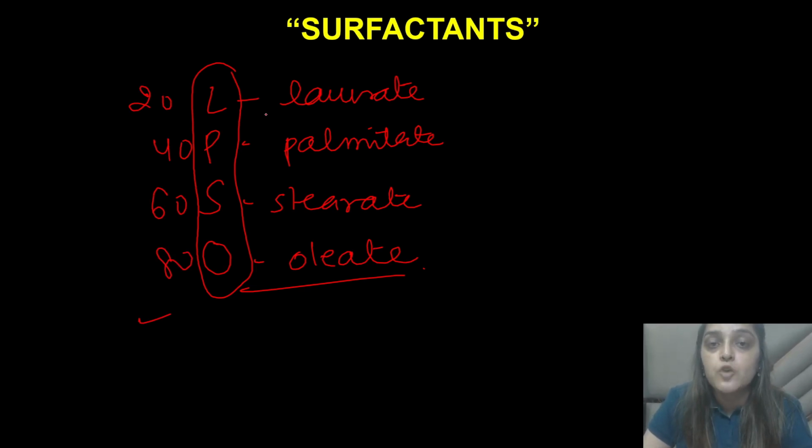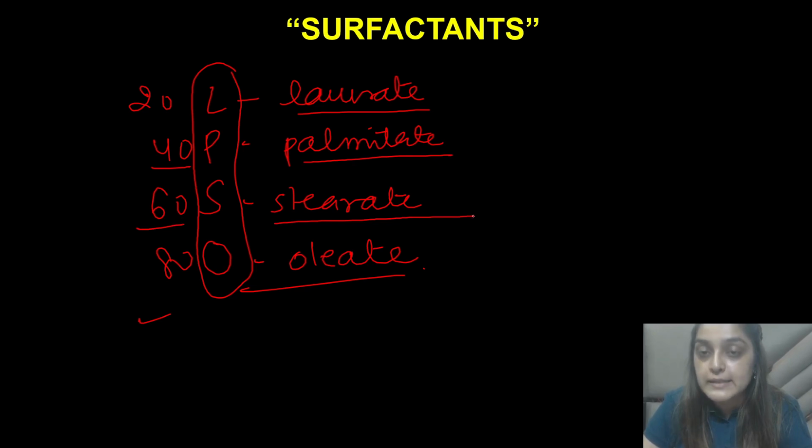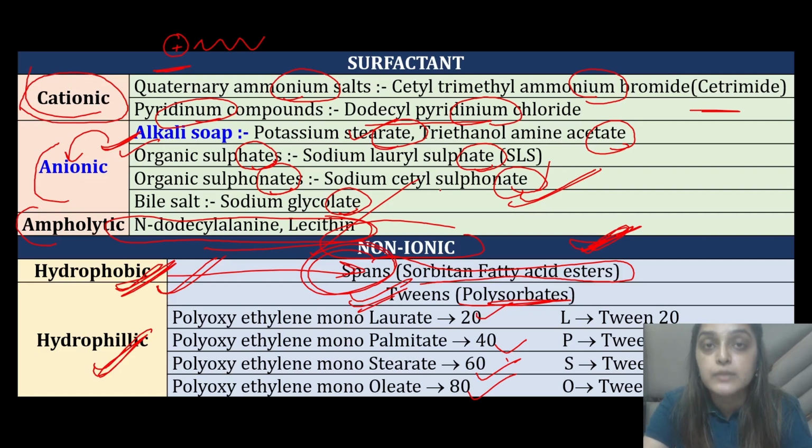Polysorbate 20 means polyoxyethylene monolaurate. Polysorbate 40 means polyoxyethylene monopalmitate. Polysorbate 60 means polyoxyethylene monostearate. Polysorbate 80 means polyoxyethylene monooleate. So they can ask you this way also. Try to remember it as 20, 40, 60, 80, LPSO.